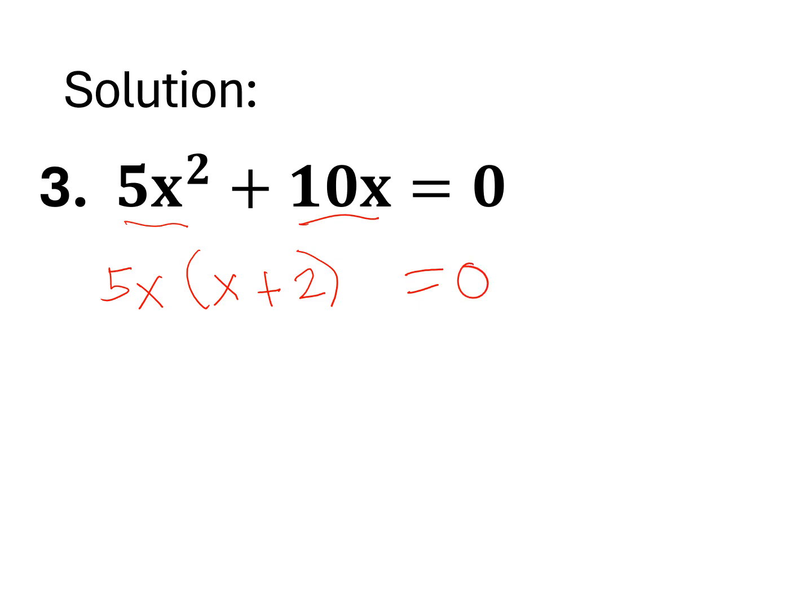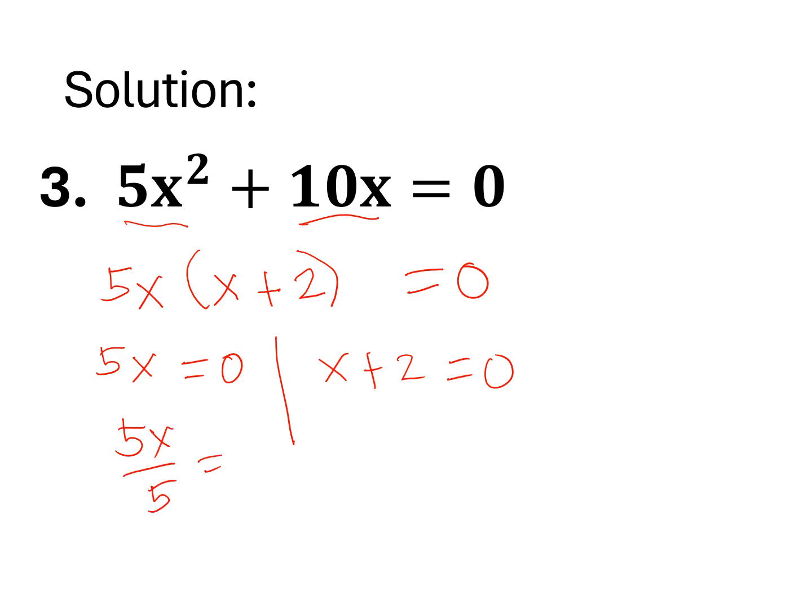Then, this is already written in factored form. So, we can now apply the zero product property. So, equate each factor to 0. Then, x plus 2 equals 0. Then, to eliminate 5 on the left side of the equation, we divide both sides of the equation by 5.